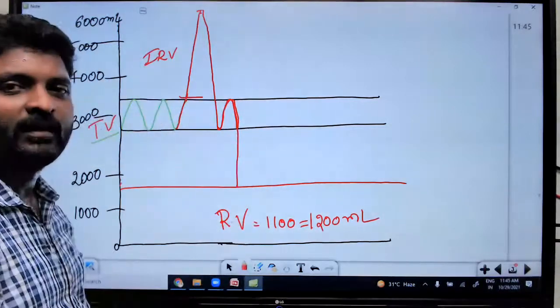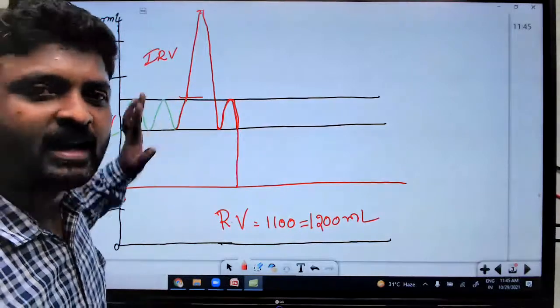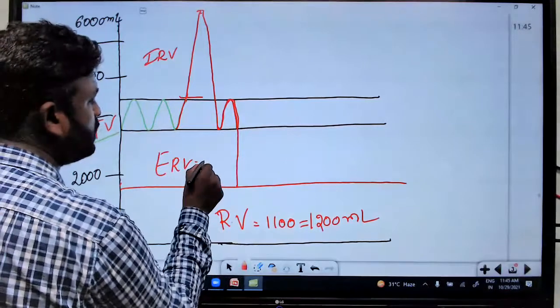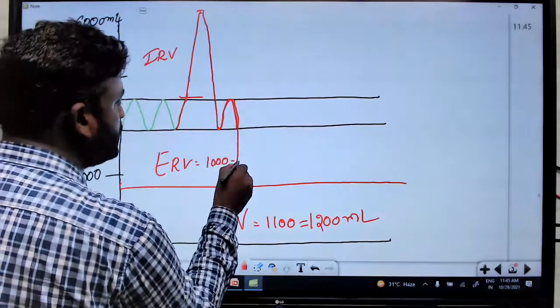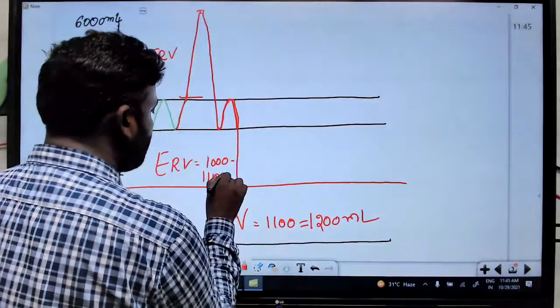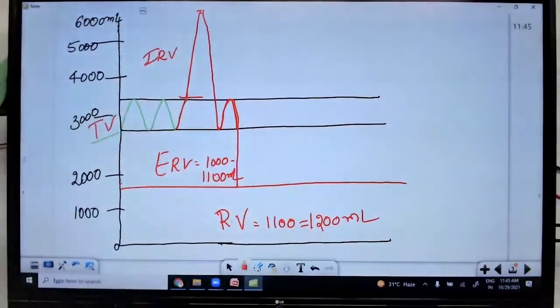So this is the ERV, almost 1,000 to 1,100 ml. Got it, all of you?